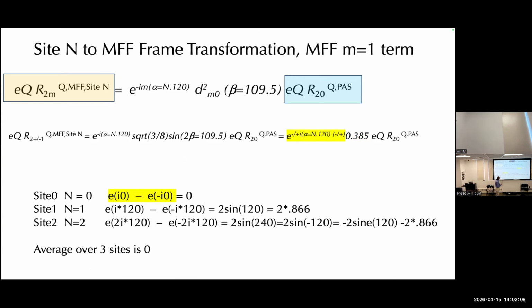So we ended up with e to the i times an argument, depending on which site we're on, and minus e to the minus i to that argument. Do you remember what we had to do with these? We recognize them as being something. We just converted them to cosine and sine.